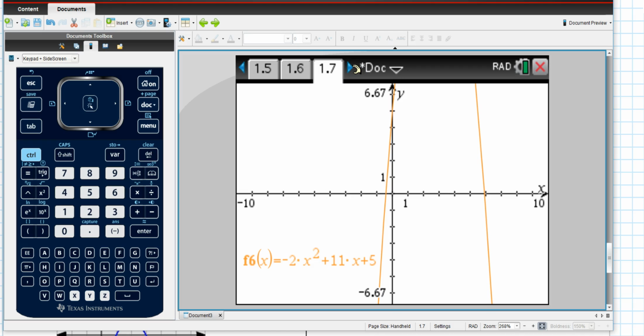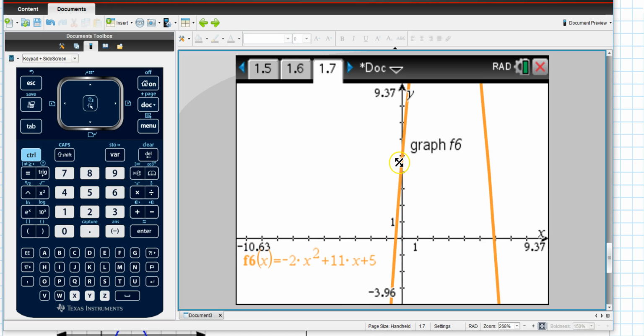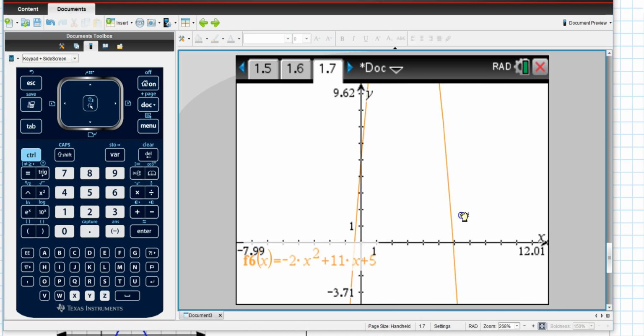So here's my function, -2x squared plus 11x plus 5, and we can see the graph, but everything on the left side, over in this area, that's negative time. We don't care about that. For our domain, we care about when we start throwing the ball, which is right here at 0, and we care about when it comes down and hits the ground, because once it hits the ground, we don't care anymore because now it's not moving.